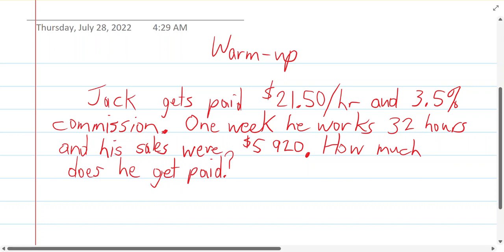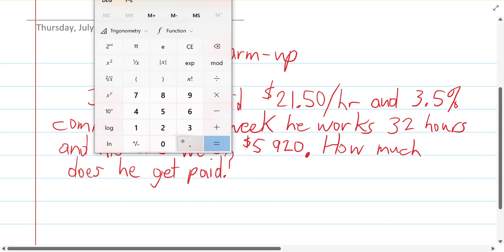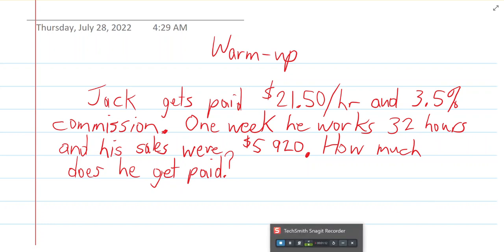So you could still be 32 hours times $21.50, and then you're going to get a total using your calculator. 2150 times 32. So his hourly pay is $688. Okay, so make sure you got that written down.